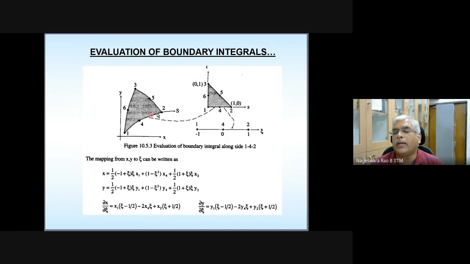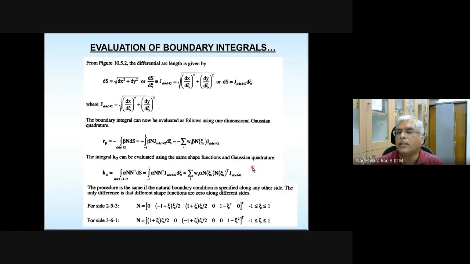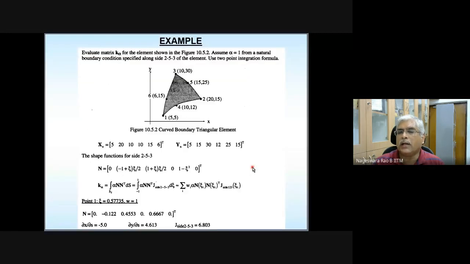For triangular element, you need to integrate along each of the 3 edges. And whatever you studied earlier, the shape function of any node which is not part of a particular edge is going to be 0 along that edge. Using all those concepts, here it is illustrated how to do integration over each of the edges, and also numerically it is illustrated here. You can go through this example.